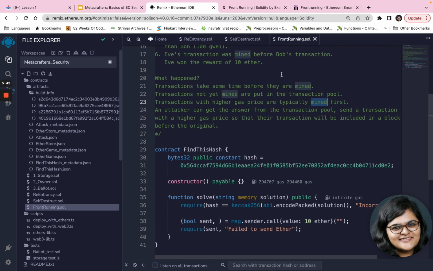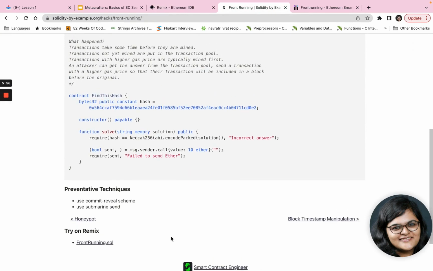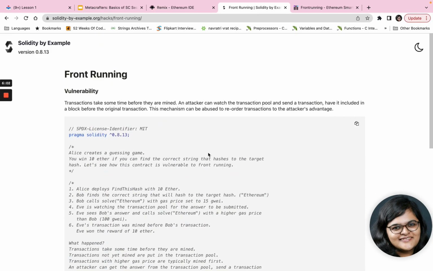To solve this vulnerability, they ideally try to send a gas fee which is around the average, so your transaction gets through as soon as you can, right? Now, there are some preventative techniques like commit reveal scheme and submarine send, but they are not super popular.